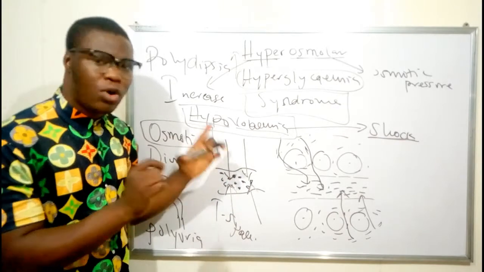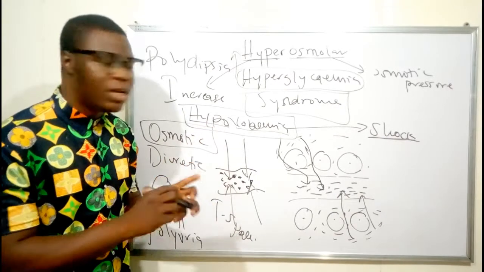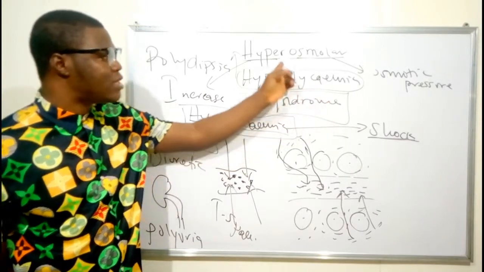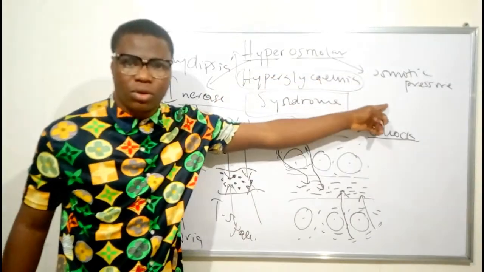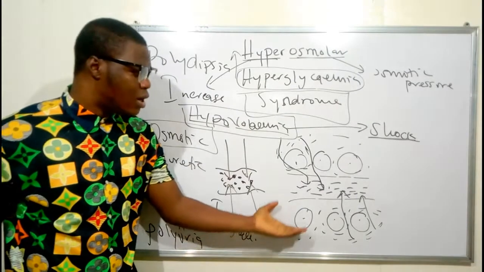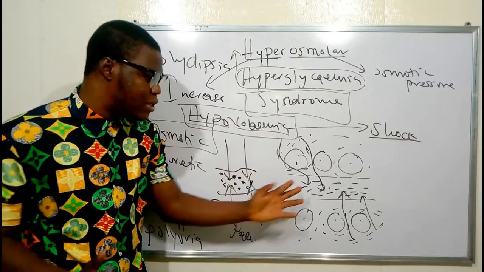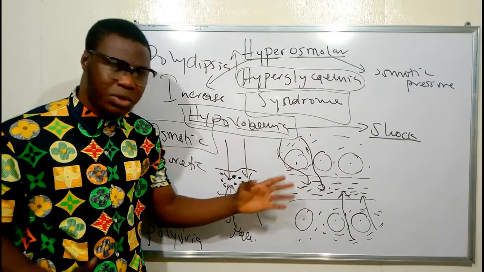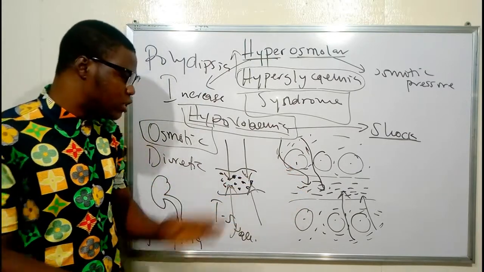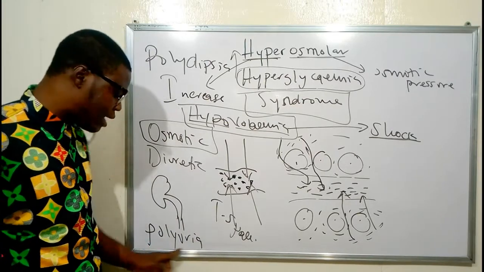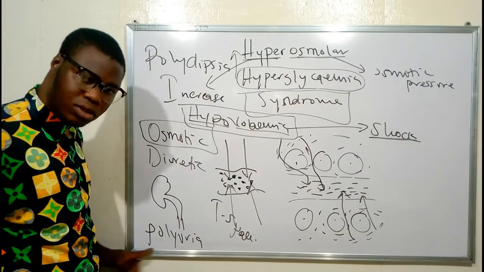Now, a quick recap on hyperosmolar hyperglycemic syndrome. It is because of hyperglycemia. Because of hyperglycemia, the person is going to have increased osmotic pressure, and that leads to withdrawal of water from different tissue spaces into the blood. This blood flows to the kidney, and the kidney passes it out. That clinical manifestation is called polyuria.